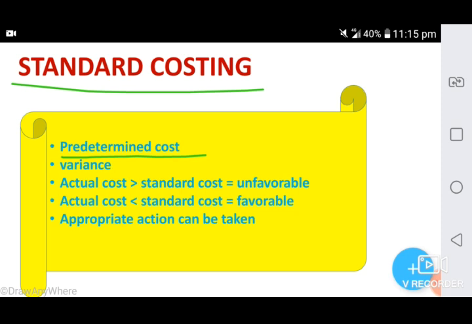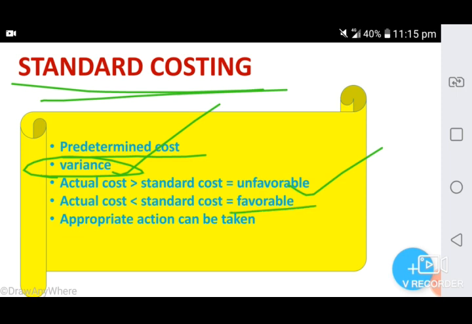An important term related to standard costing is variance. The difference between actual cost and standard cost is known as variance. If actual cost is greater than standard cost, the variance is unfavorable. If actual cost is less than standard cost, the variance is favorable.